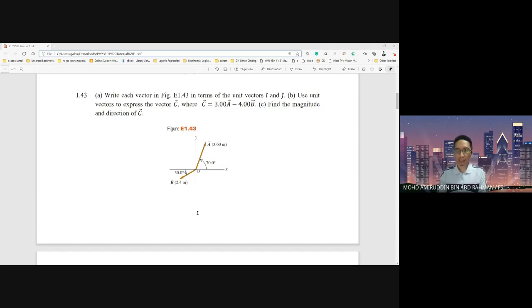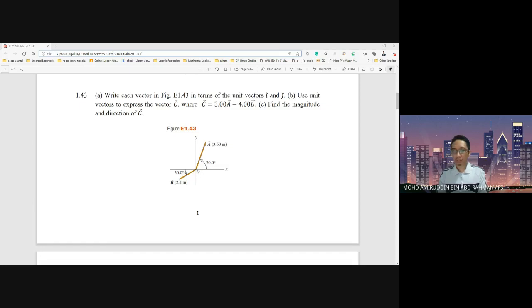Okay, so the final answer for C will be 12.01i plus 14.94j.